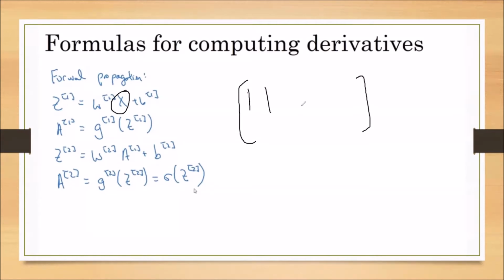The columns represent the training samples, and the rows represent the features of all those training samples. So X is an n by m matrix. Now W superscript 1 is the matrix consisting of the parameters or weights that control the activation units of the first hidden layer.